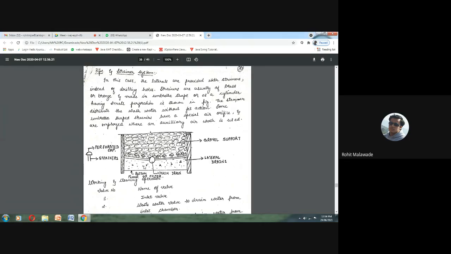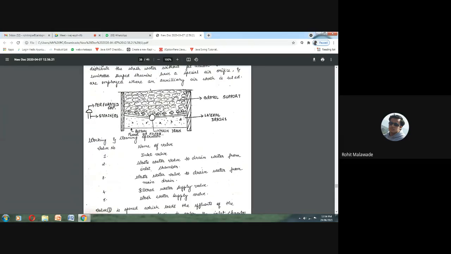So this is the cross section near the bottom of your rapid sand filter. Okay, so this is a gravel support, these are the lateral drains, this is the main drain, and then this is a bottom.